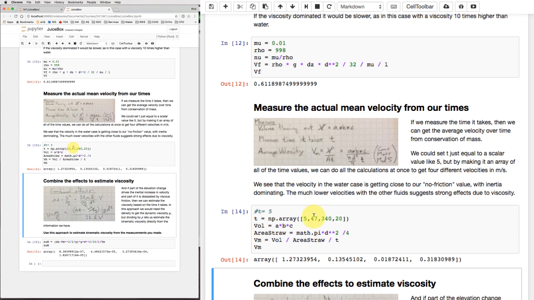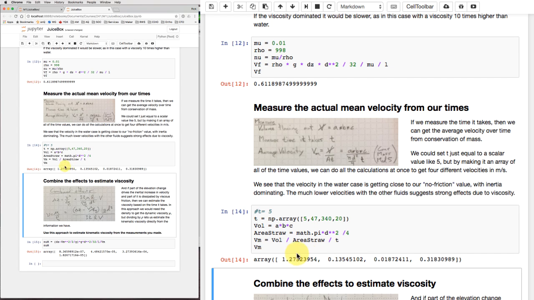But for 47 seconds, we get a velocity of around 0.13. For the 340 seconds, about 0.019, so way smaller. And finally, for the 20 seconds, the heated soap, we're in at about 0.3. So still much lower than the inertial velocity that we'd get if there was no friction at all.